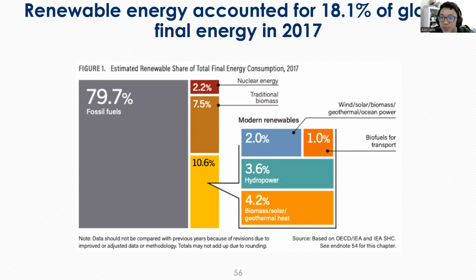This 18% is more like non-fossil fuels as opposed to specifically renewables. So the renewables that we're really talking about is this 10.6% here, which has grown since 2017. That is wind, solar. This 2%, most of it is actually hydropower.